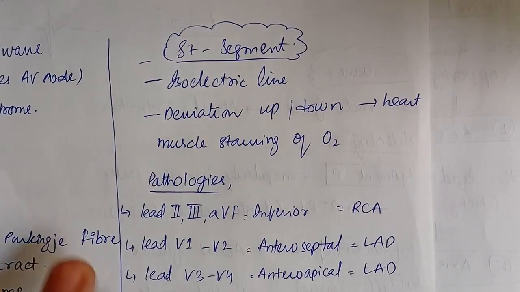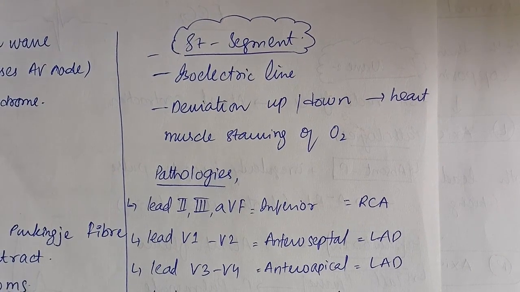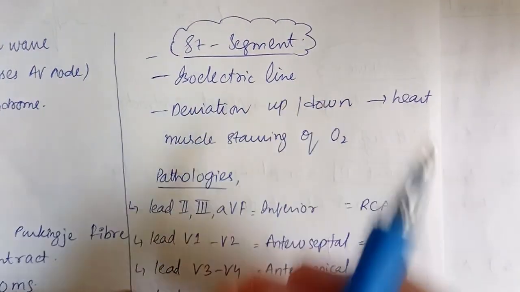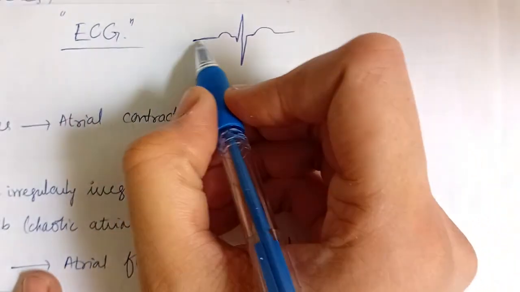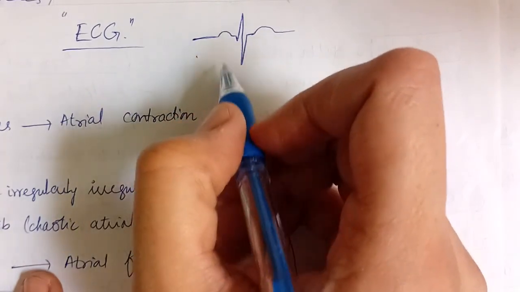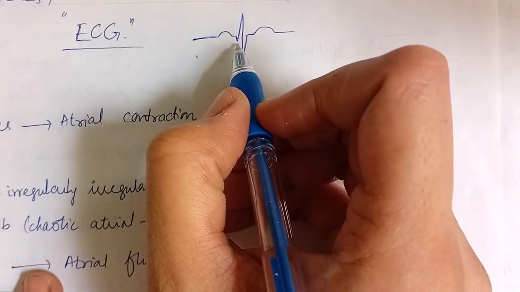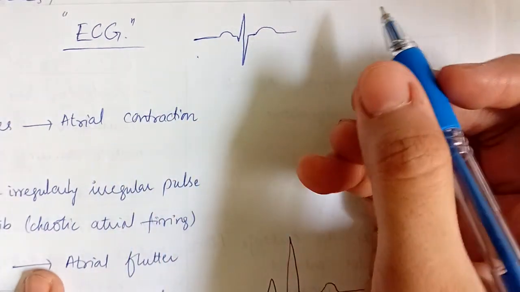Now we have a very important segment of the ECG, that is the ST segment, and it is actually the isoelectric line. If you see here, this is the isoelectric line. This is the P wave. This is Q, and this is QRS, and this is the T wave.